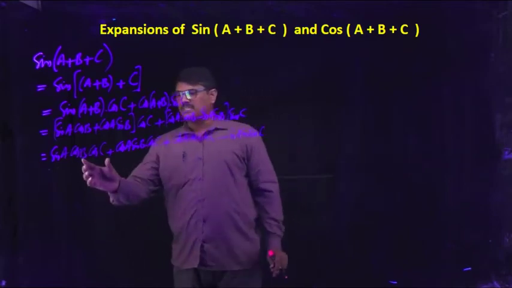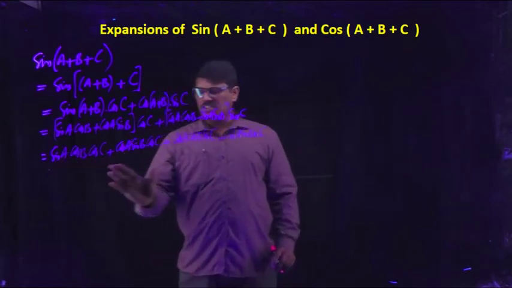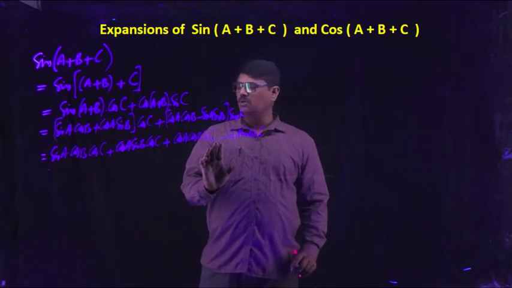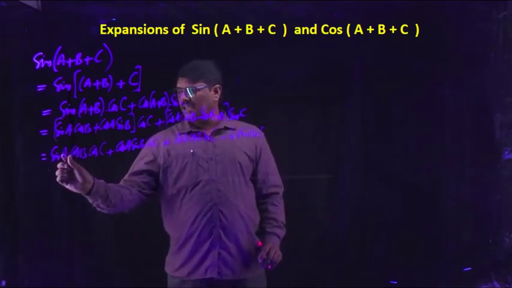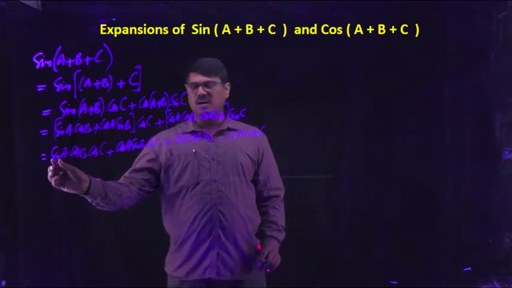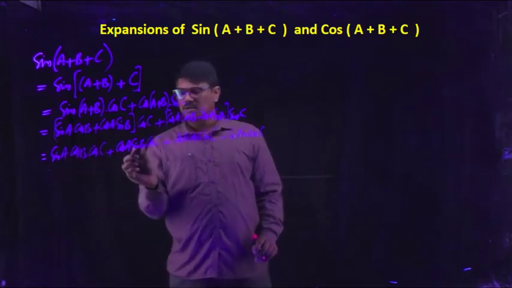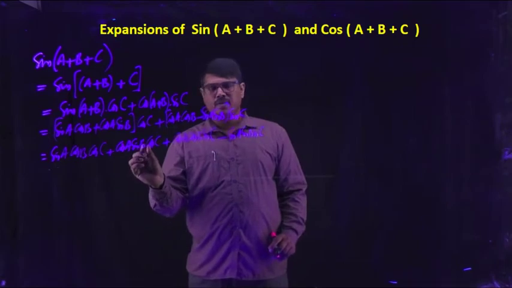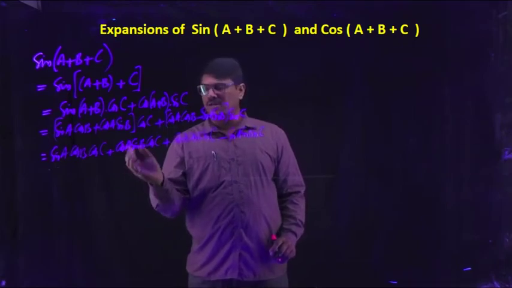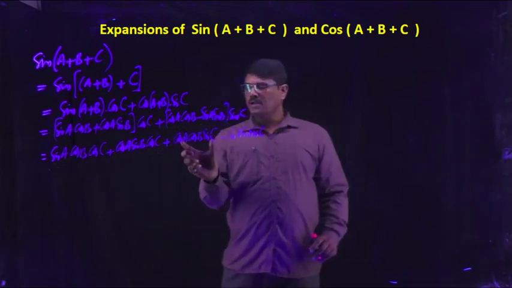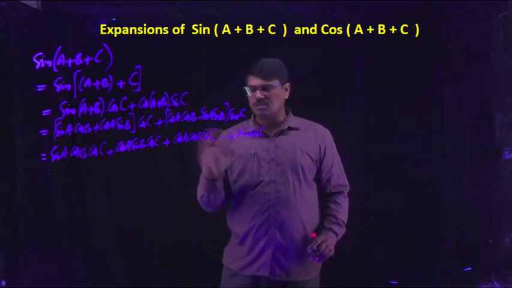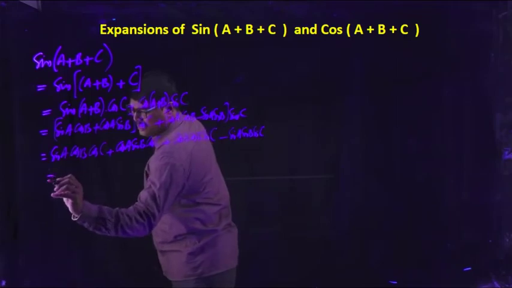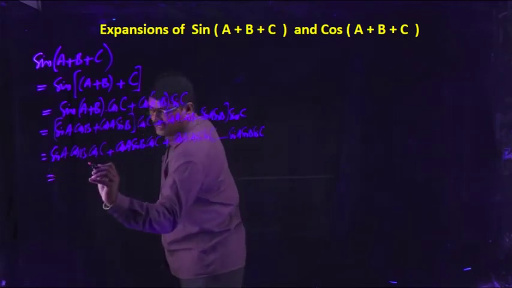Here you can observe some variation. In the first three parts, if you observe closely, in the first term for angle A the ratio is sin and the remaining two are cos. In the second one, for angle B it is sin and the remaining two are cos. In the third one, for angle C it is sin and the remaining two are cos. So you can represent this in short notation by summation.